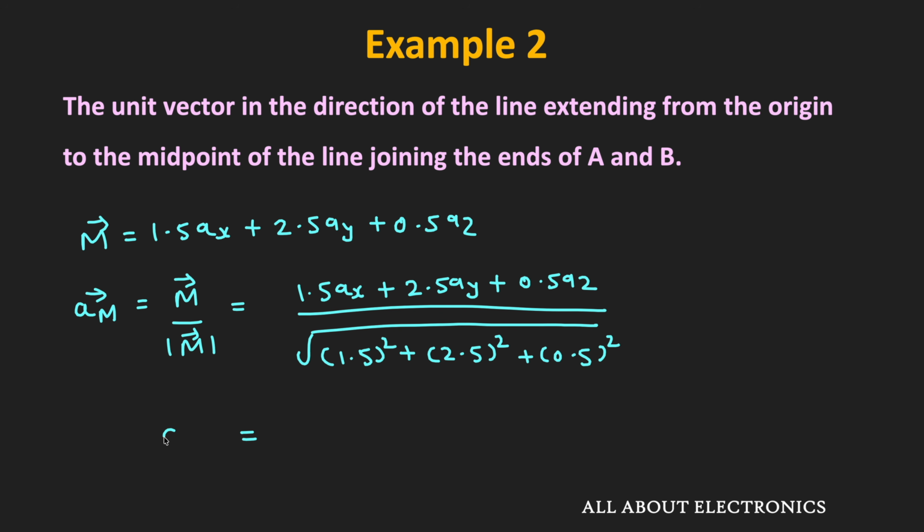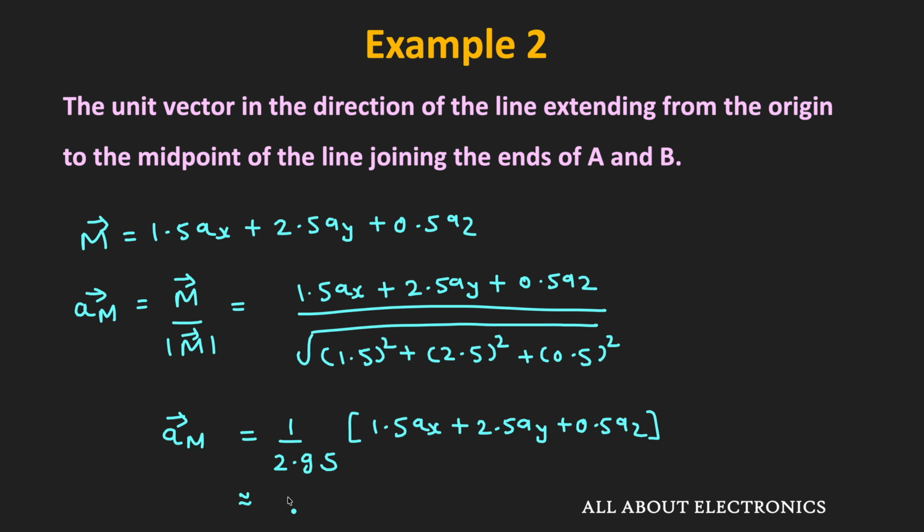So we can say that the unit vector in the direction of the m is equal to 1 divided by 2.95 times this 1.5 ax plus 2.5 ay plus 0.5 az. And if you want, then you can also further simplify it.